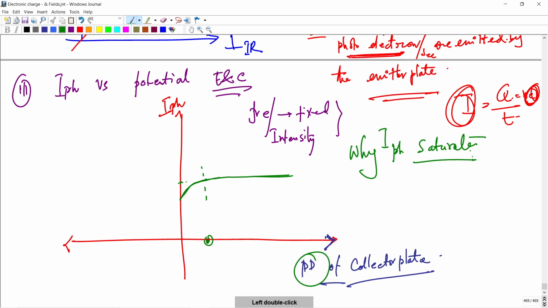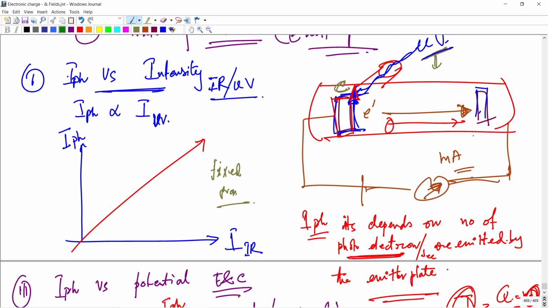The conclusion is that the metal of the emitter plate has free electrons. All free electrons are emitted from the emitter plate and are now in the collector plate.